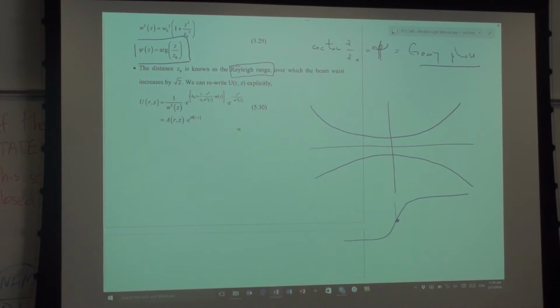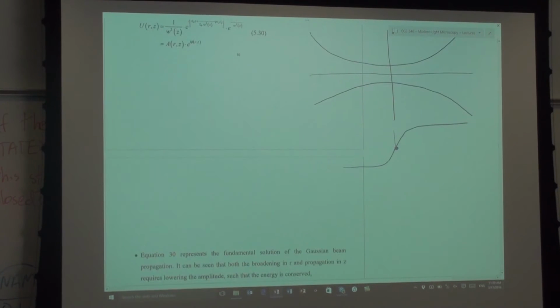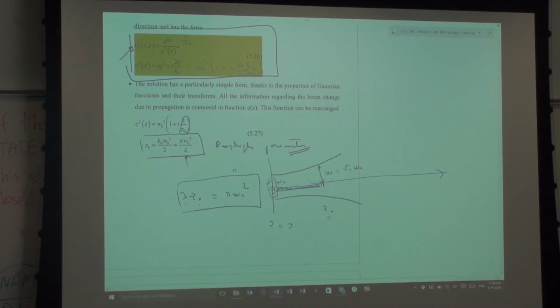It's because your kz is getting slightly shorter than k naught. I think we're going to get to that in a second, when we're going to show that, because of the Gouy phase, we get a phase velocity that's bigger than c. Is that possible?